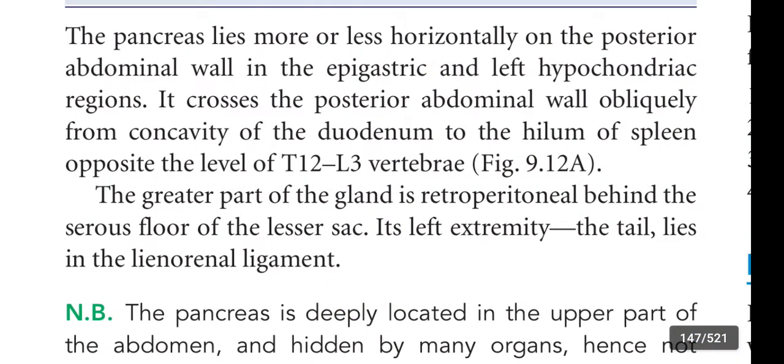The greater part of the gland is retroperitoneal behind the serous floor of the lesser sac. Its left extremity, the tail, lies in the lienorenal ligament.